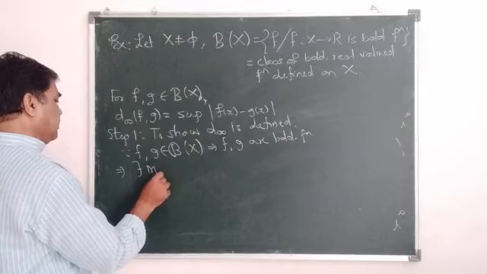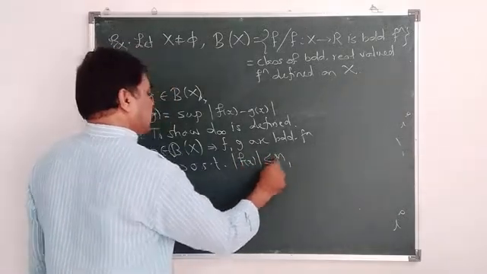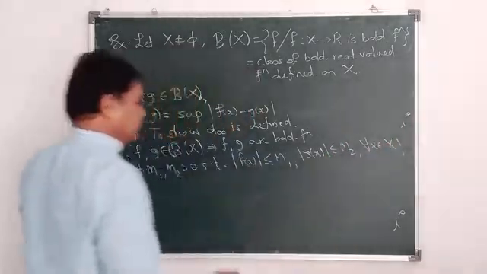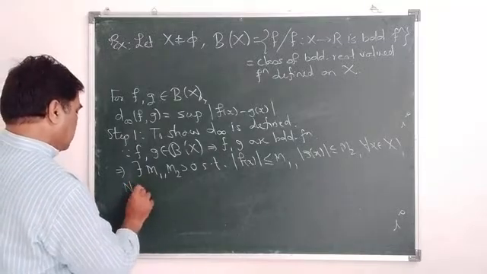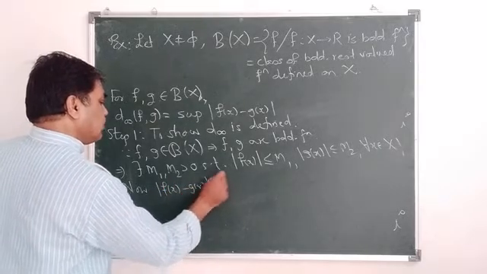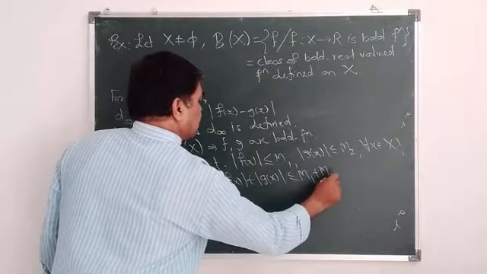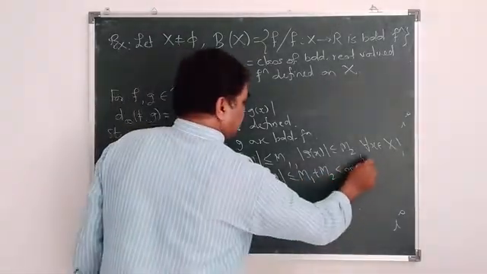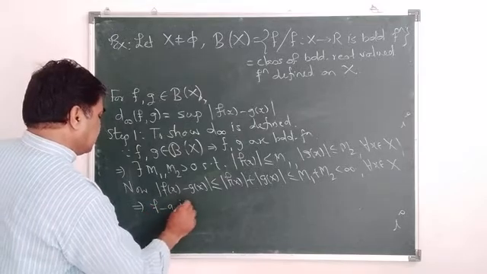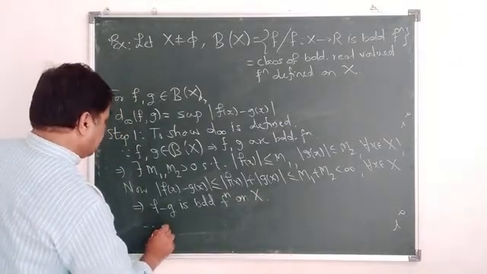This implies there exist some M1, M2 greater than 0 such that mod f(x) is less than or equal to M1 and mod g(x) is less than or equal to M2 for every x belonging to X. Now mod f(x) minus g(x) is less than or equal to mod f(x) plus mod g(x), which is less than or equal to M1 plus M2, less than infinity, for every x belonging to X. This implies f minus g is a bounded function on X, and therefore d infinity is defined.